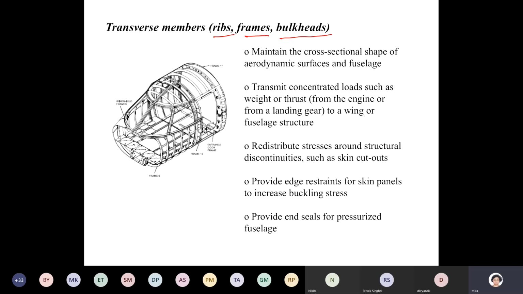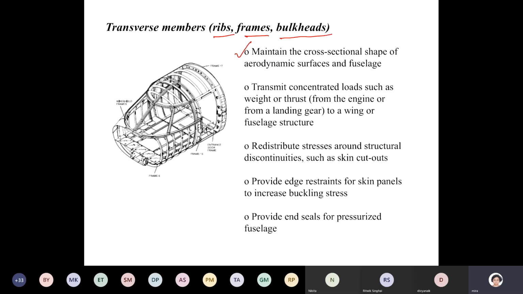Their primary job is to maintain the cross-sectional shape of the aerodynamic surfaces and fuselage. They also transmit concentrated loads, like the weight of a fixture or of instrumentation, and the thrust that comes from the engine or landing gear, to a wing or the fuselage structure.